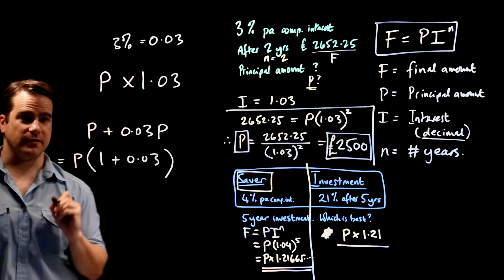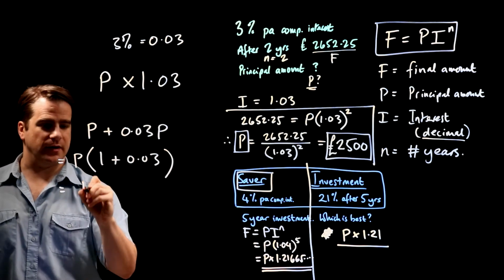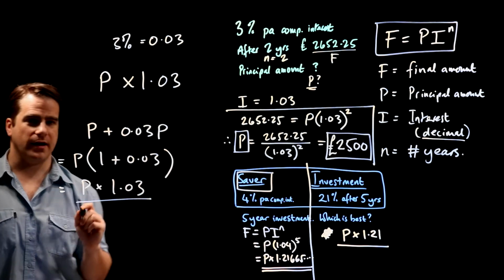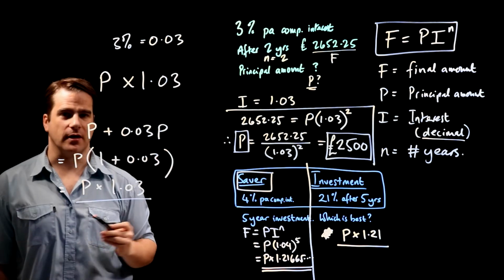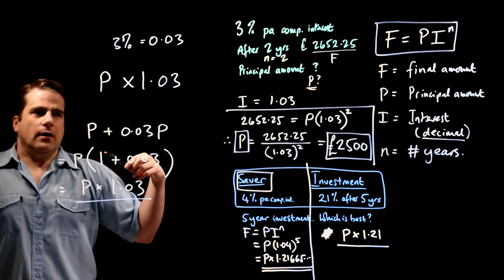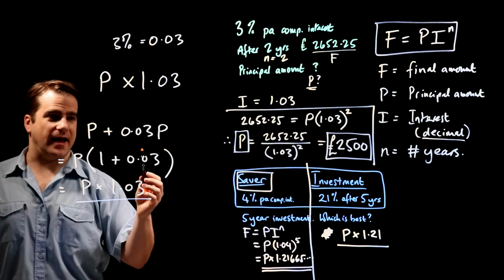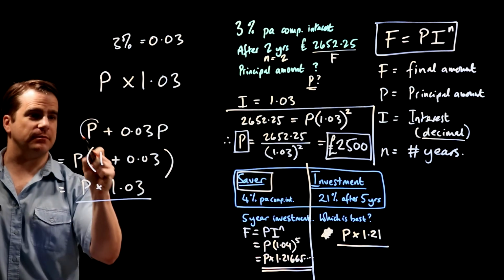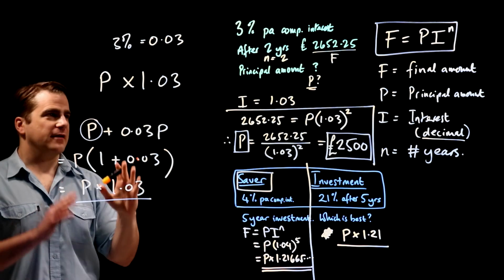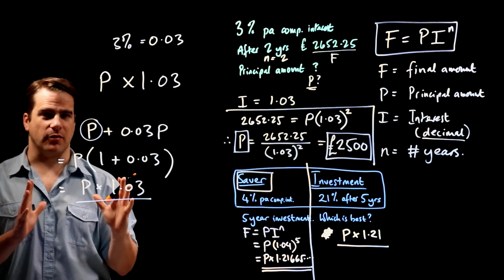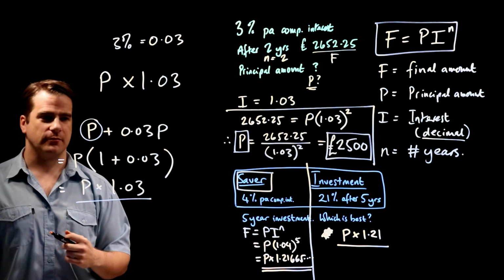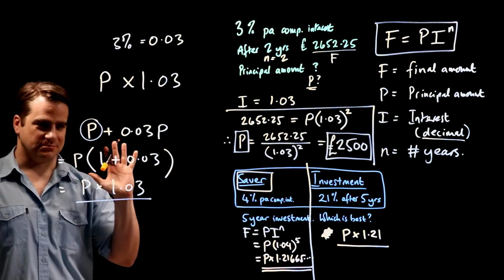So that is exactly the same as that, which is just P times 1 plus 0.03 is 1.03. Okay, so that's why it's 1 point something, not 0 point something in the formula. We're gaining 3%, which is 0.03, but you have the original P amount there anyway, which is 1, so a total of 1.03. In other words, to increase something by 3%, you have to multiply by 1.03. I hope that's clear. There you go.